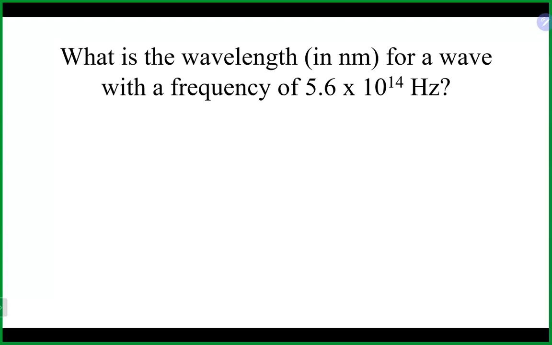So here we are looking for the wavelength. We have a frequency that is 5.6 times 10 to the 14 hertz. A reminder that 1 hertz is the same as a reciprocal second, which means that is 5.6 times 10 to the 14 reciprocal seconds.